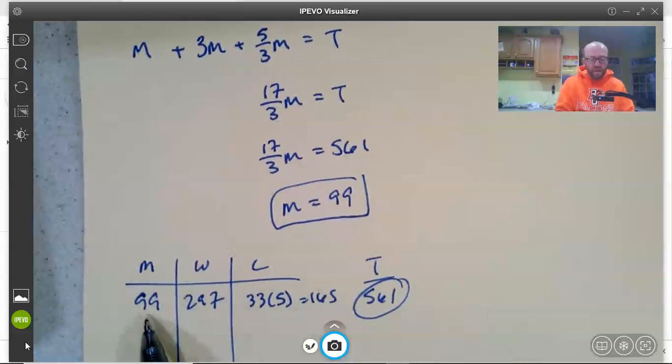And we said, well, 99 men, 3 times 99 is 297 because there are 3 times as many women as men. And then 99 is 33 groups of 3. So there must be 33 groups of 5 or 165 children because the ratio is 3 to 5. And add 99, 297, and 165. And in fact, we do get 561. So it worked.